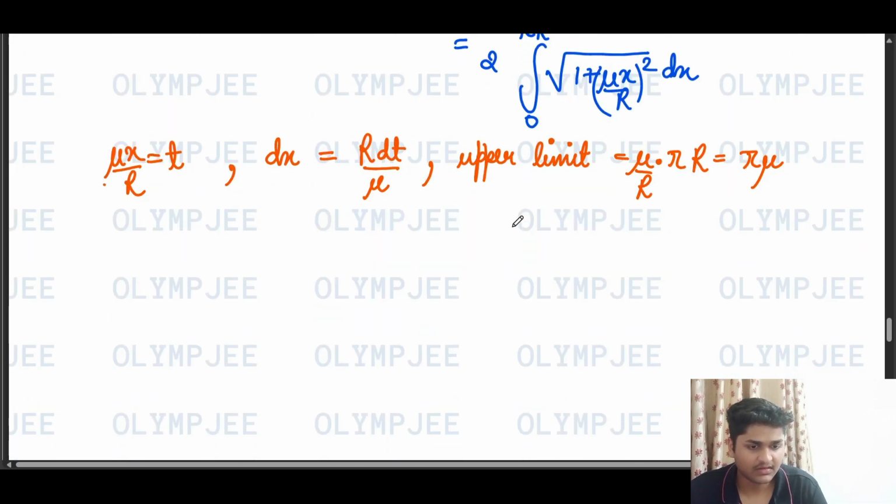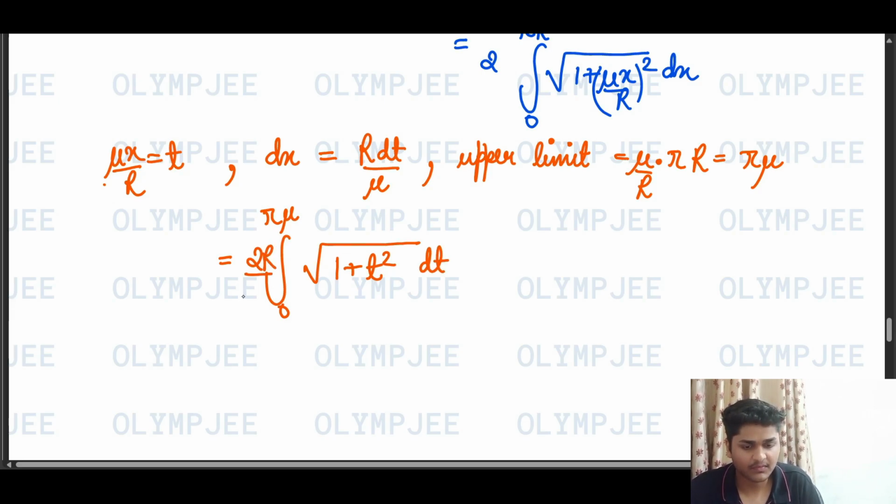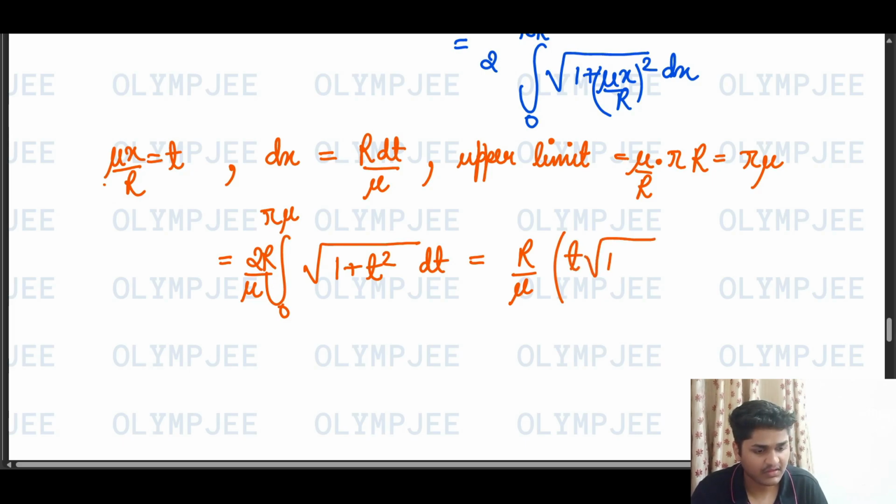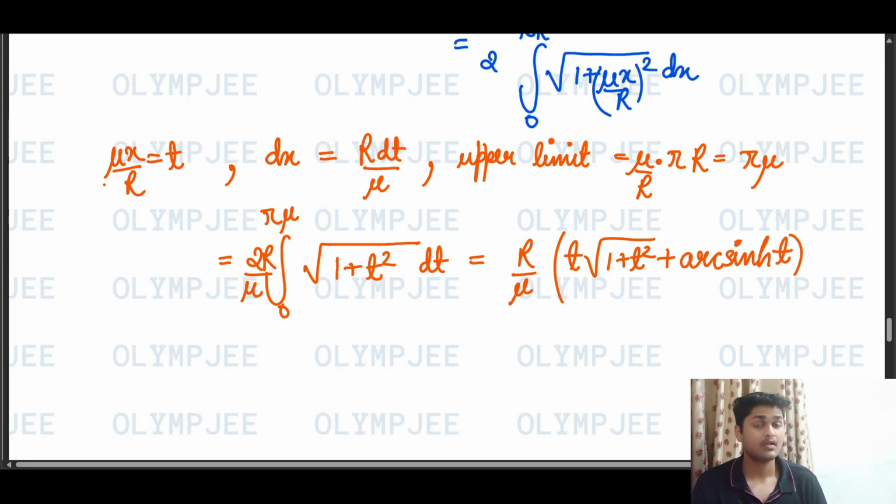So now writing the new integral, I am taking the r by mu outside. So we were given the formula for this equation, as r by mu was not there, so this was t root 1 plus t square plus arc sinh t, right?